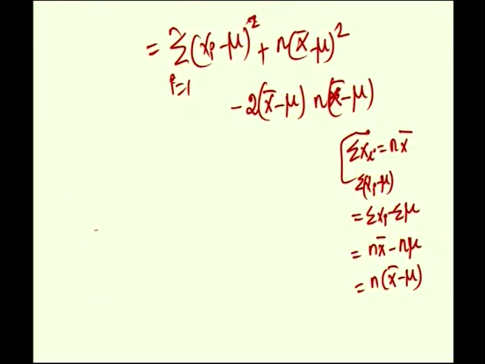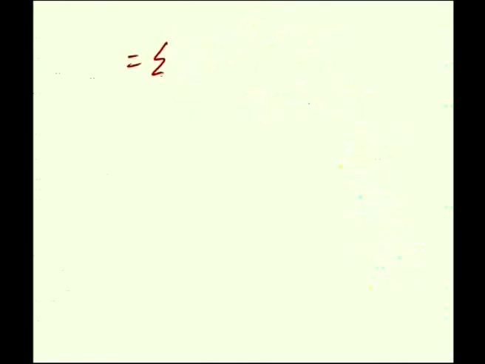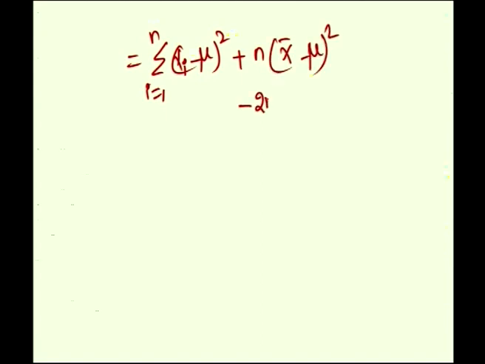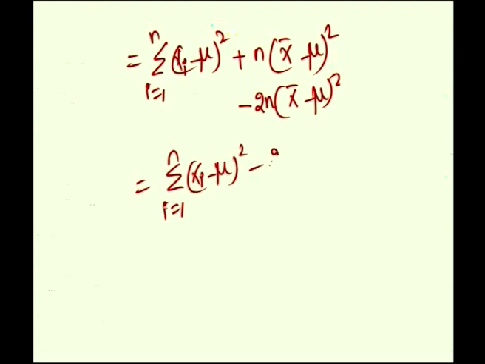So, that becomes equal to summation i is equal to 1 to n xi minus mu whole square plus n into x bar minus mu whole square minus 2n into x bar minus mu whole square, which is equal to summation i is equal to 1 to n xi minus mu whole square minus n into x bar minus mu whole square.